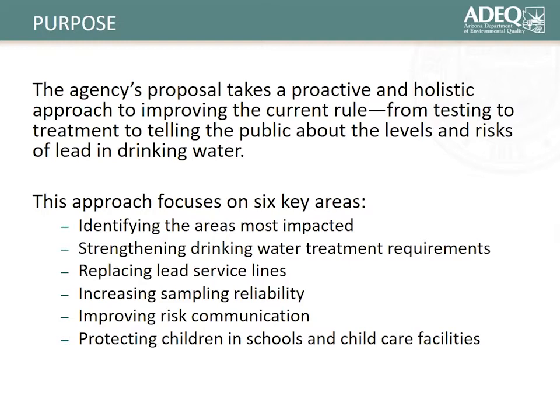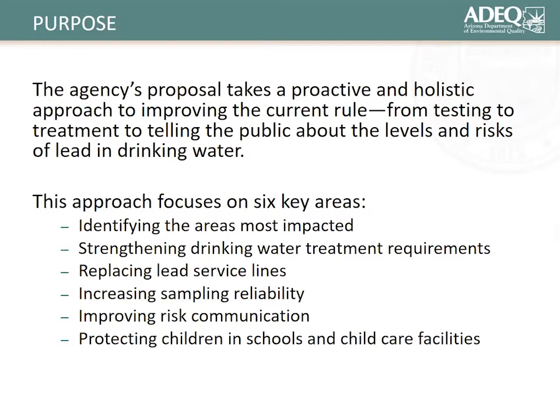There's more reliability around the sampling aspect. Every water system now is going to have to go back and either redo or reevaluate what we call a materials inventory. So they're going to have to, in a minute way, find where the lead is in their water system. And one of the challenges they're going to be seeing, and particularly you guys might be hearing about, is now the rule requiring that they understand what's on the customer side of the service connection.